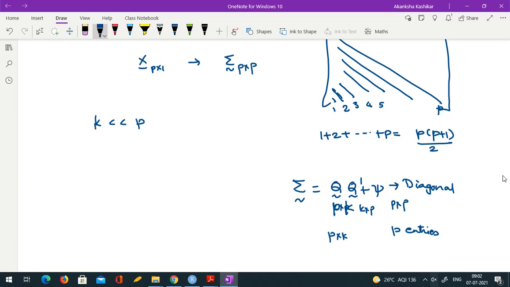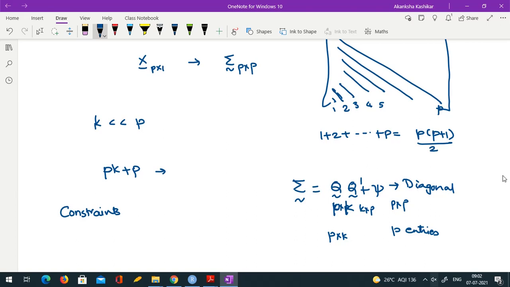People say that actually even this is not enough. Why? Because with this I still have a large number of parameters at hand. pk plus p in itself is a pretty big number, of course greater than 2p. So people like to put some additional constraints in order to further reduce the number of parameters. What additional constraints can you put?